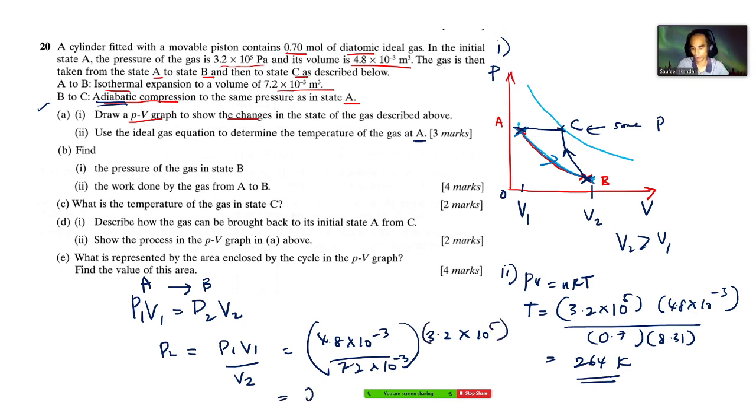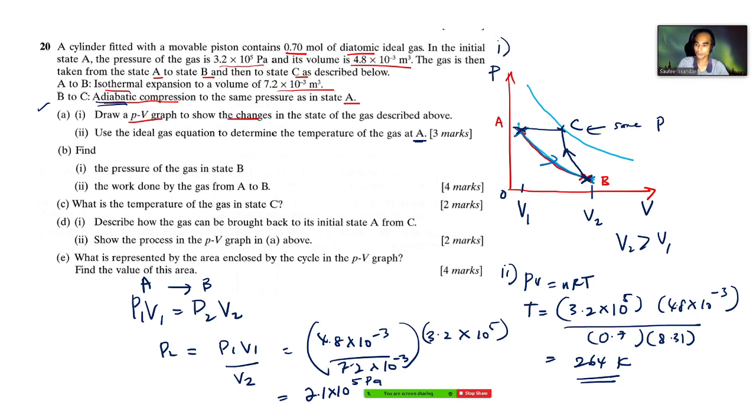So you have 2.1 times 10 power of 5 Pascal. So you just use P1 V1 equals P2 V2, then you can get the pressure at B.